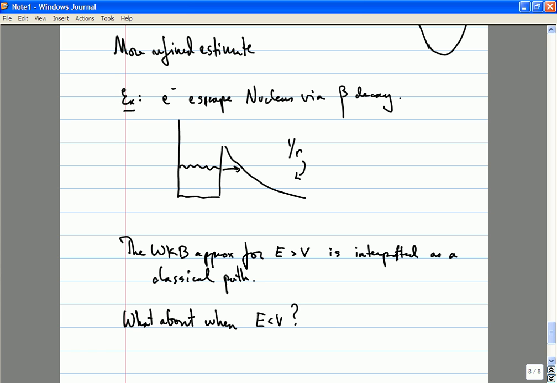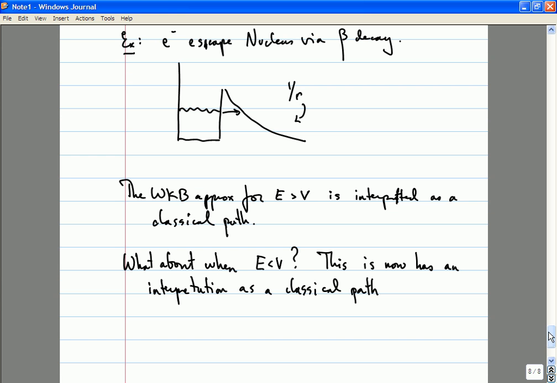And the answer is that this now has an interpretation as a classical path, but a classical path of a different theory. In particular, it's a theory with imaginary time. Let's understand that.